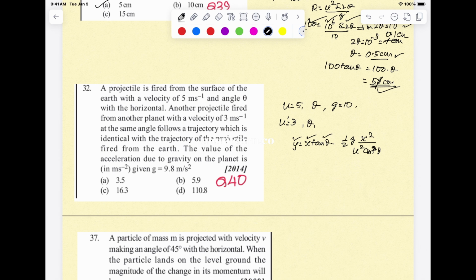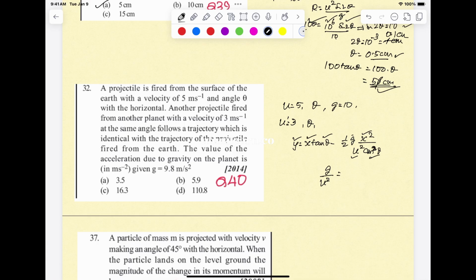Whereas g is different, and x is the same of course, and u is different, while theta is the same. That means g by u squared is constant for both the planets, Earth as well as the other. Therefore g must be proportional to u squared.